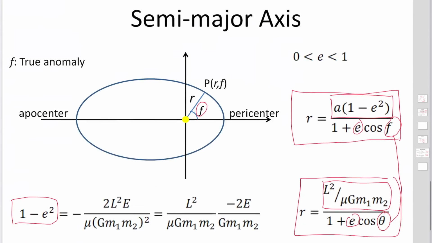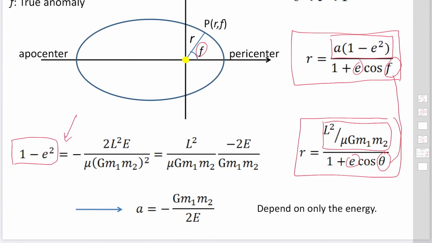Then you can just substitute that equation here: minus 2L squared E over mu G m sub 1 m sub 2 squared. Then we separate into two terms, this times this one. Actually, this corresponds to the term here, exactly the same as these terms.